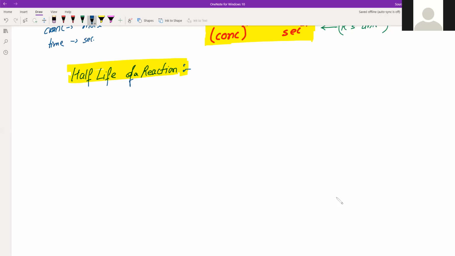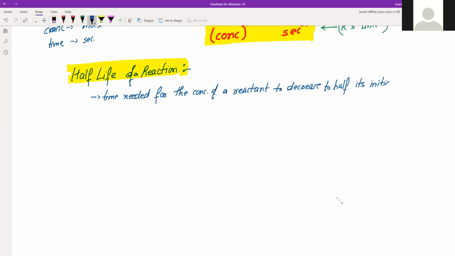It is basically the time required for the concentration of a reactant to decrease to half of its initial value. That's what half-life or half-life period is.